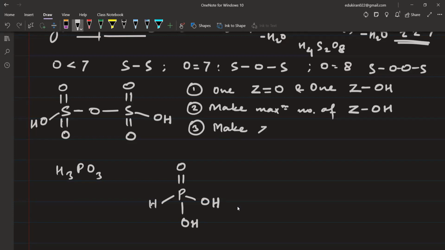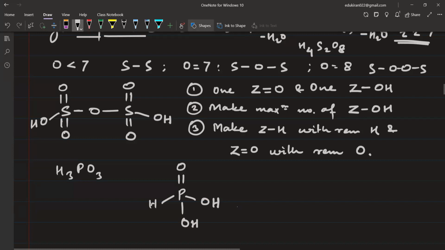Make ZH bond with remaining hydrogen and Z double bond O with remaining oxygens. ठीक है, इसको प्लीज लिख लीजिए and please try to answer when you are drawing this. मतलब जब भी आपको हम बोले किसी स्ट्रक्चर के बारे में, then please थोड़ा कोशिश कीजिएगा बनाने की. ठीक है.